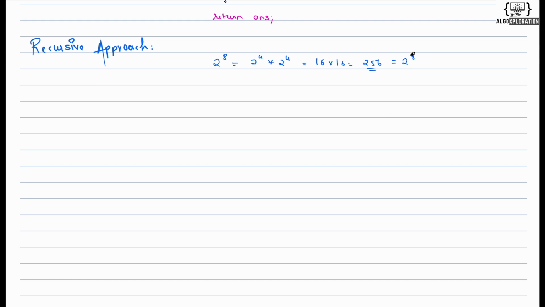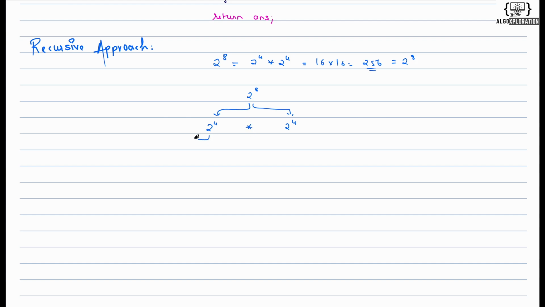So using this idea only, let's see, if we have 2 raised to the power 8, what I will be doing is dividing this 8 by 2. So we will be getting 2 raised to the power 4, and here also 2 raised to the power 4, and whatever answer I get for these two, I will simply multiply them and return it to 2 raised to the power 8.